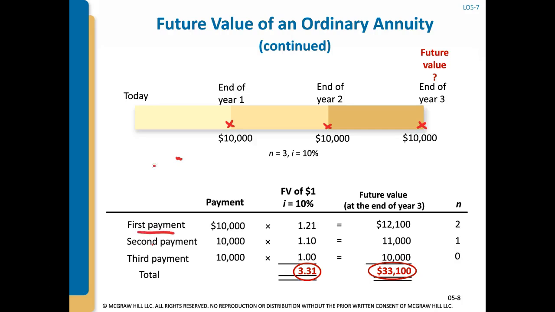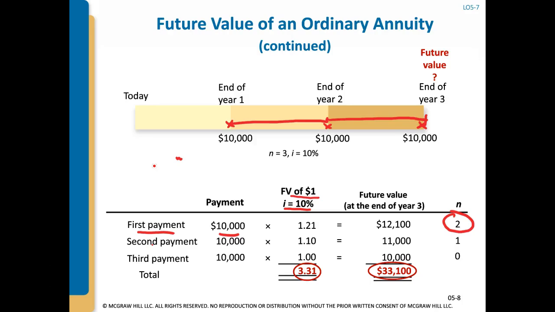So we can look at our first payment, $10,000, and say, okay, what's the future value of $1, assuming interest I equals 10, and our N in this situation is actually 2 when we look at our factor tables. That's because our first payment is right here, and how many periods are we calculating to get to the end of year 3? We have 2 periods there.